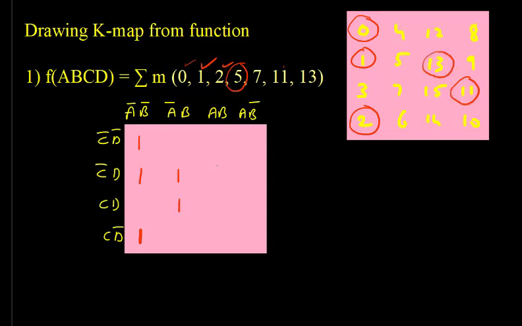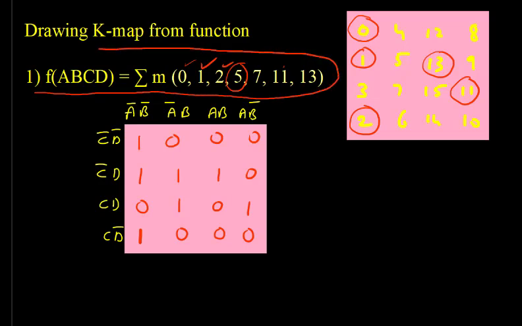Rest all are zeros. So it's very simple to draw. Now you can imagine if we had to draw a truth table, it would have been difficult, but this is much easier. We just require one single line to represent the entire truth table, and it is easier to even draw the K-map. So this is for SOP K-map.